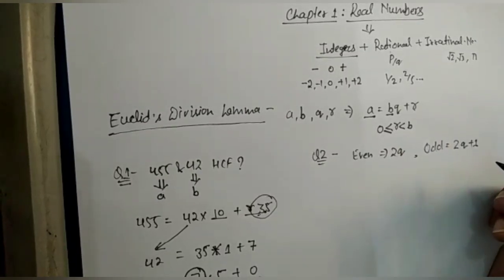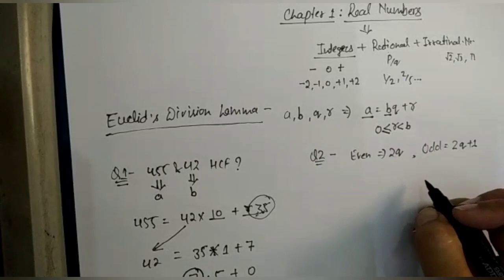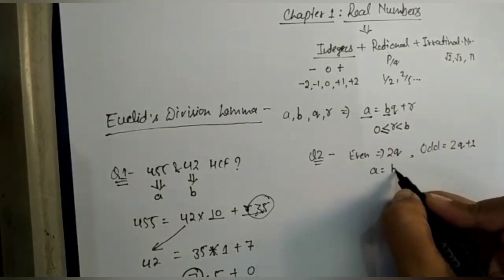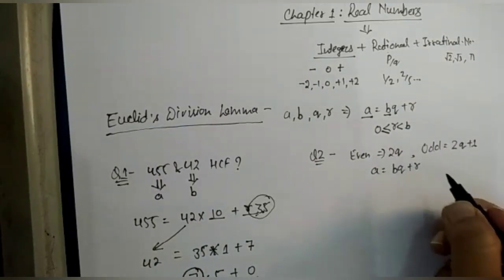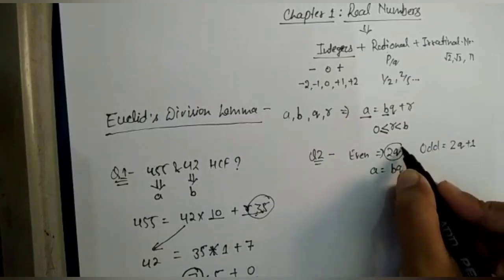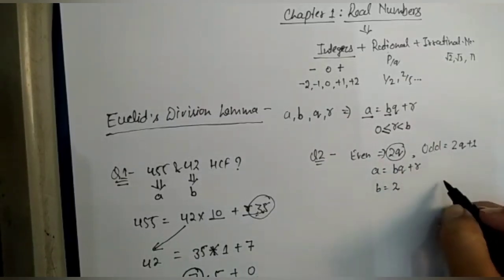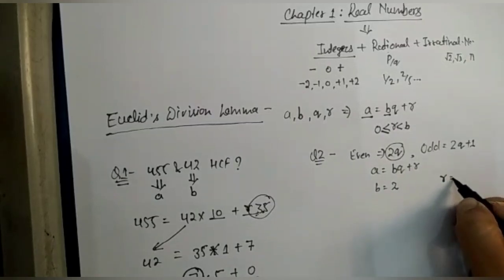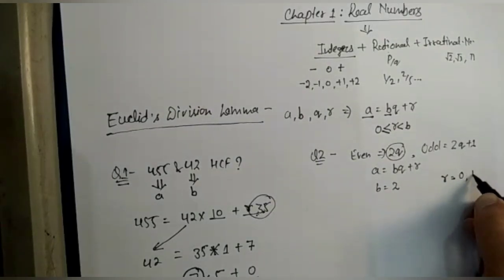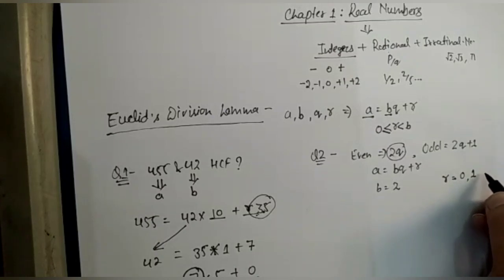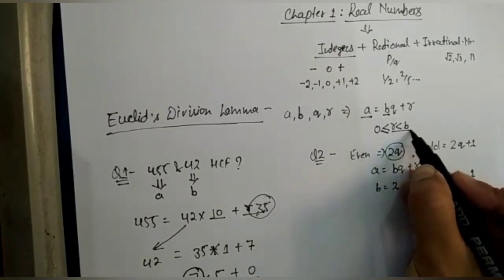We will prove this one. As we know a is equal to bq plus r. Here b is equal to 2, and we know when b is equal to 2, r can be 0, r can be 1, but r cannot be equal to 2 because r is always less than b.